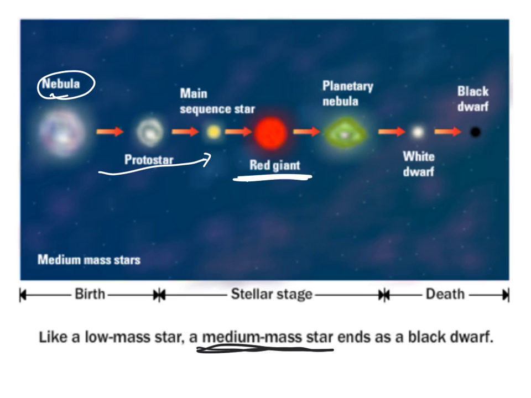Now, a medium mass star is going to burn through the helium, and it burns through the helium a little faster than the hydrogen. And what will happen is with a medium mass star, we end up with a planetary nebula. So when the red giant goes, it'll compress down and then it'll kind of fizzle out to a planetary nebula. And from there, in the middle, we'll have our white dwarf formation, and then ultimately we can go to a black dwarf this way as well.